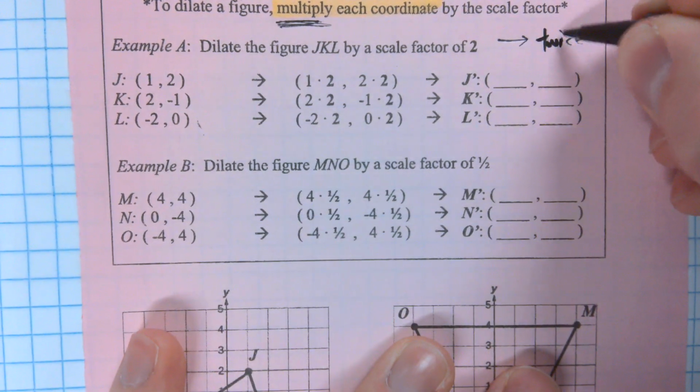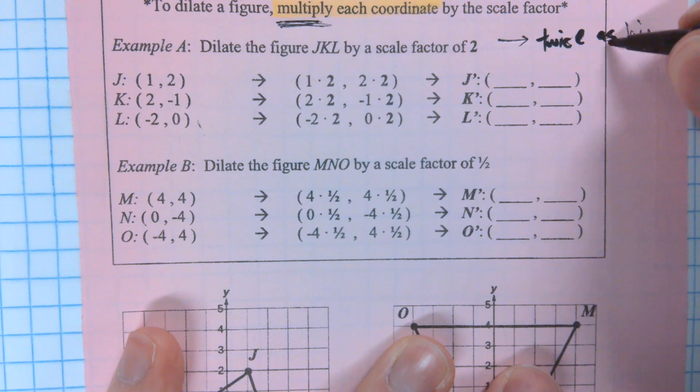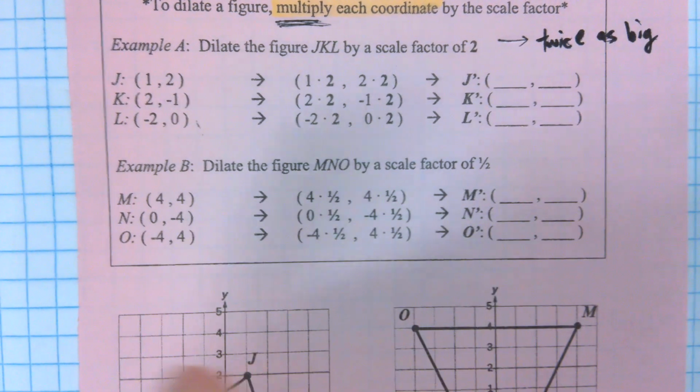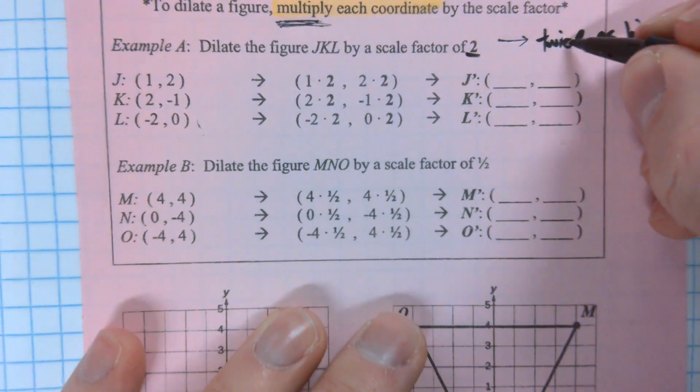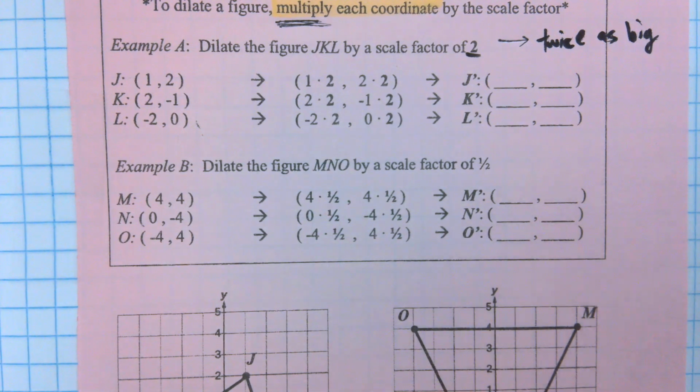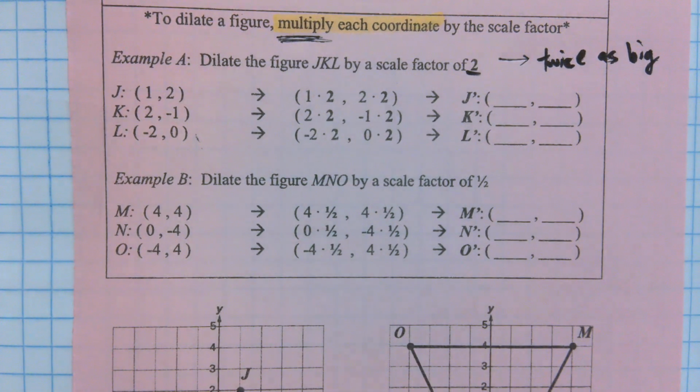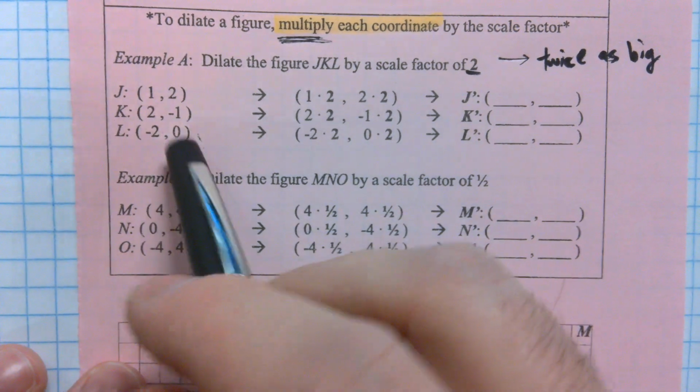And my pen is running out of ink. Twice as big, because of scale factor of 2. If we were going by a scale factor of 3, we're making it 3 times as big. Scale factor of 4, 4 times as big. Right? Makes sense?